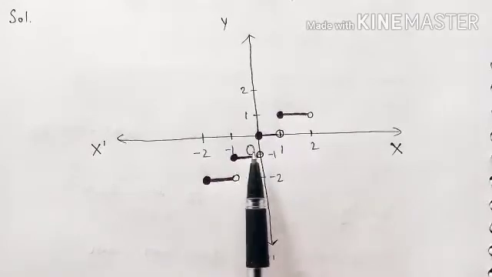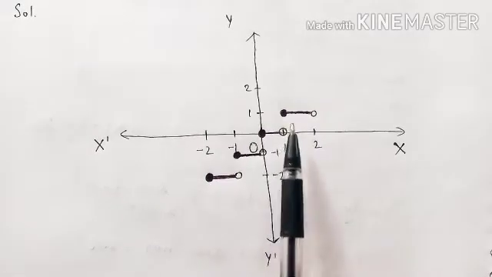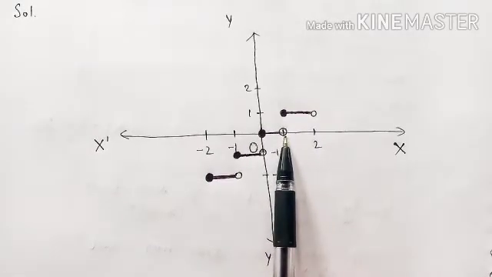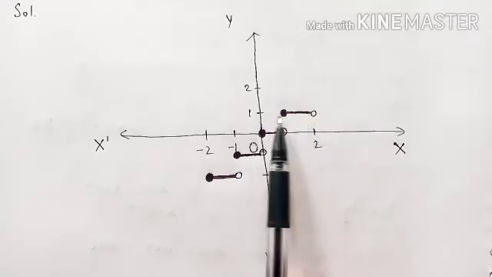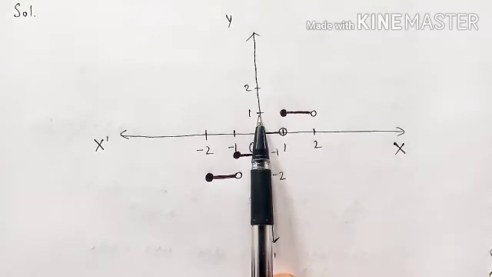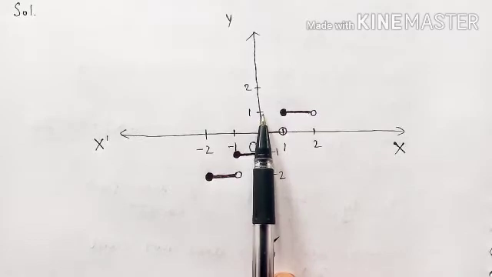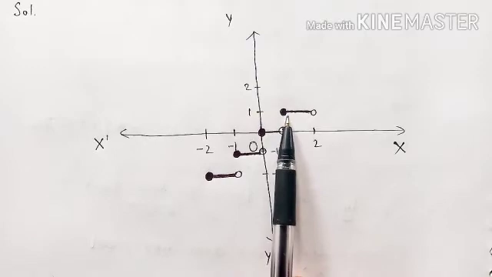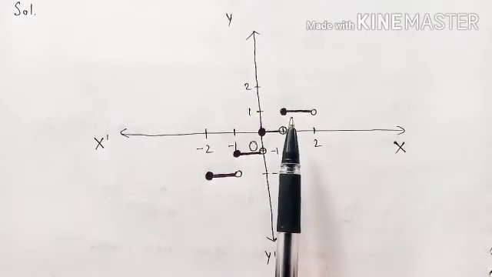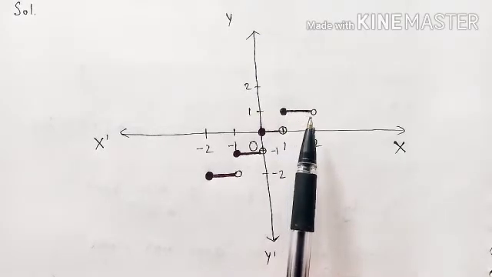Suppose we take the values 1 or more than 1 but less than 2, then we have 1, because greatest integer x is the greatest integer less than or equal to x. If you take 1.5, then the greatest integer less than 1.5 is 1. If we take 1, then the greatest integer will be 1.